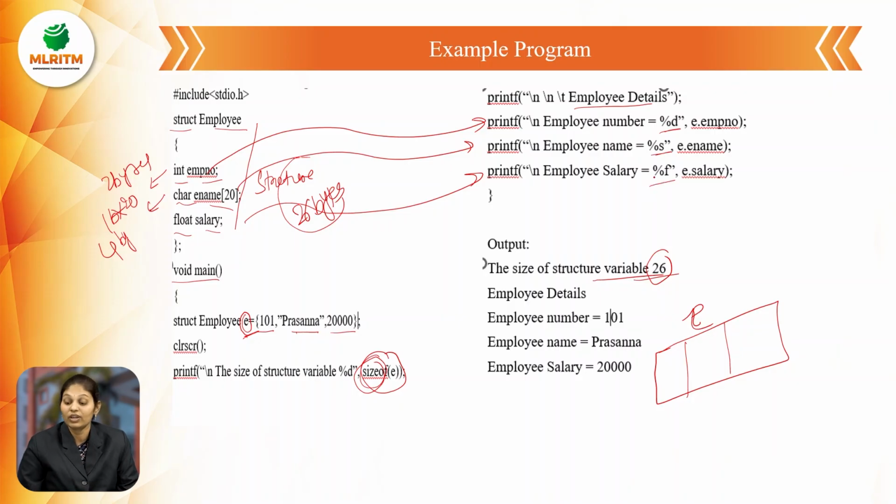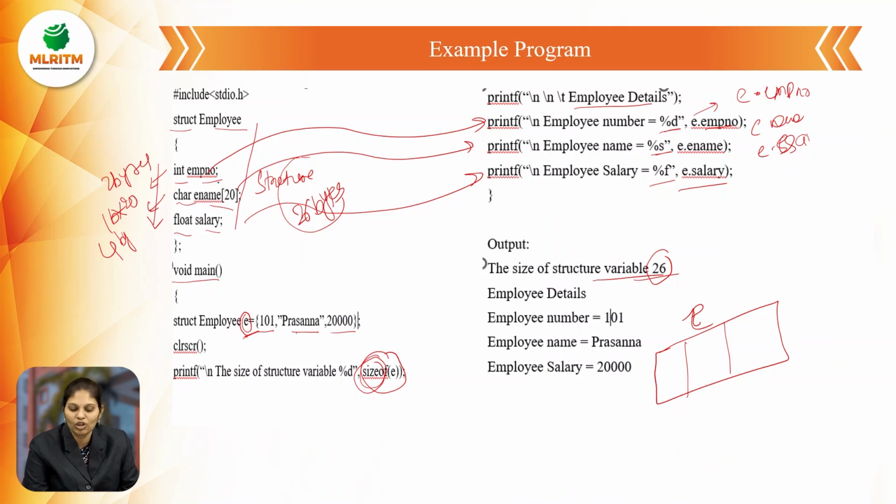And how do we access the elements? By using the dot operator: E dot employee number, E dot employee name and E dot salary. This is the manner in which you print the employee details.